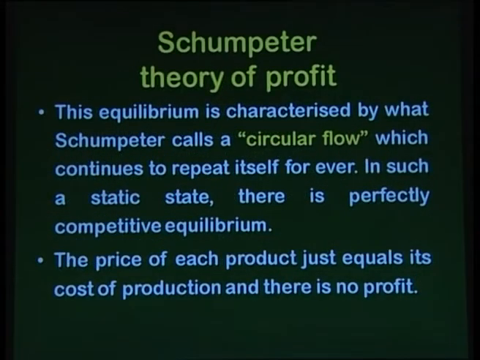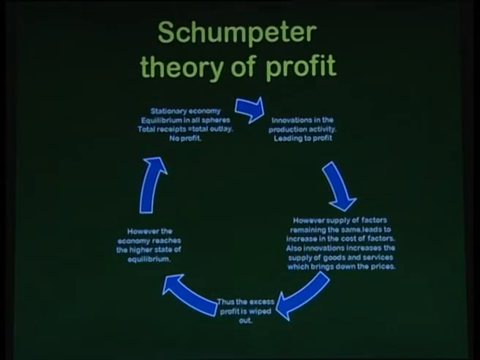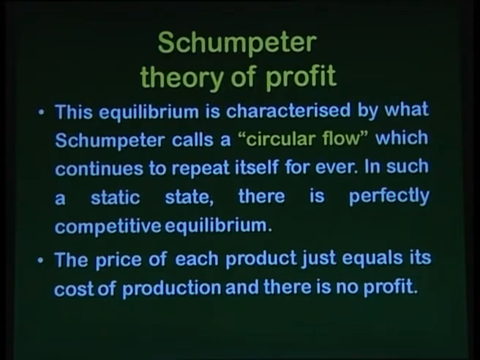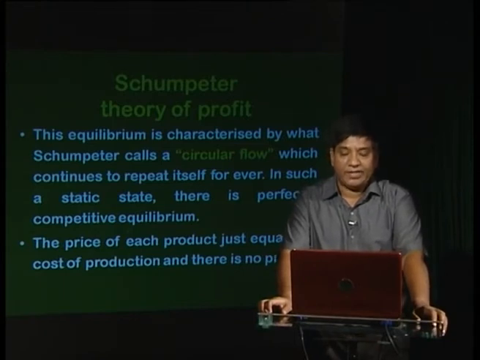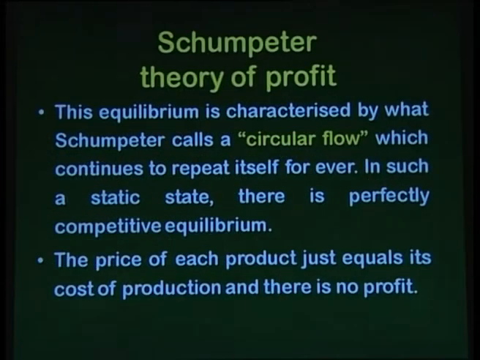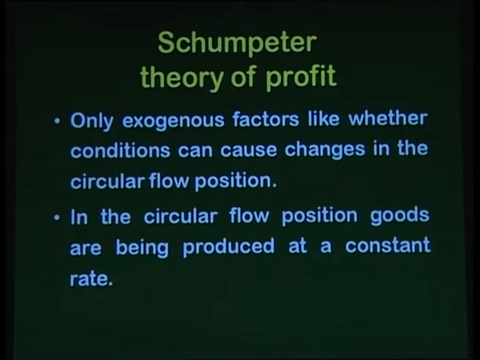The equilibrium that was achieved in the previous slide in this circular flow continues to repeat itself over and over in such a way that in a static state there is perfectly competitive equilibrium. The price of each product just equals its cost of production and there is no profit. And only exogenous factors can cause changes in the circular flow position.